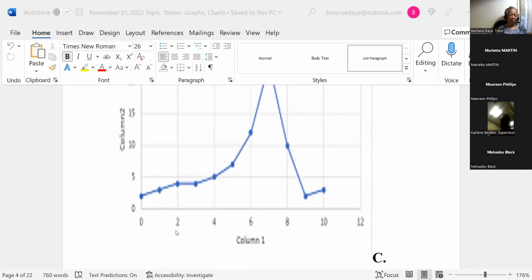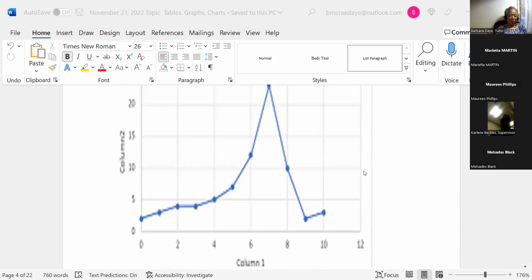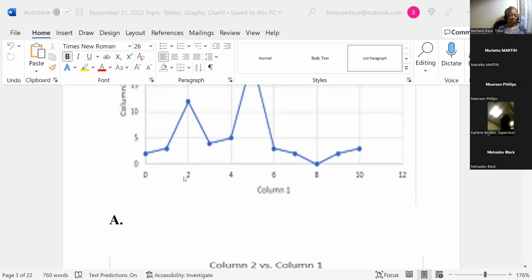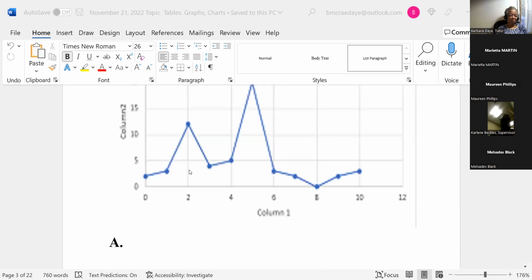Okay, now the next is 2. 2 on X, and this is Y. Okay, so let's go to 2 on this one. This is 2. Now, notice these values are different. When it's 2 on the X, what is it on the Y, Maureen? This is 2 on the horizontal.